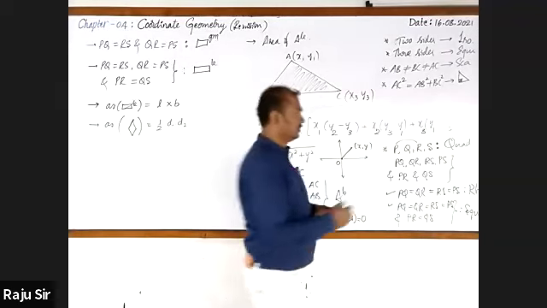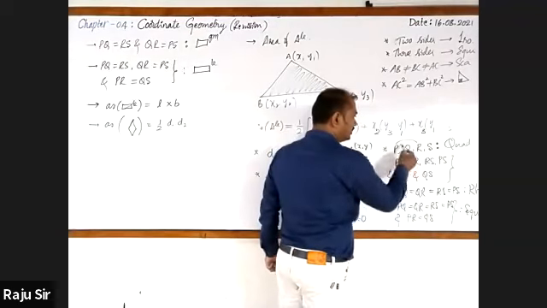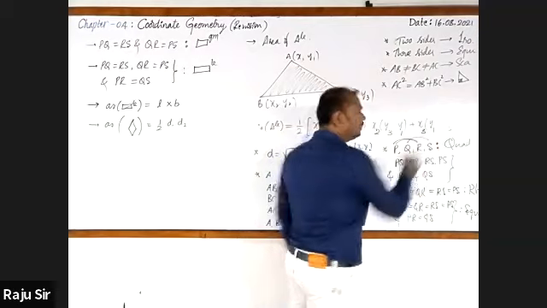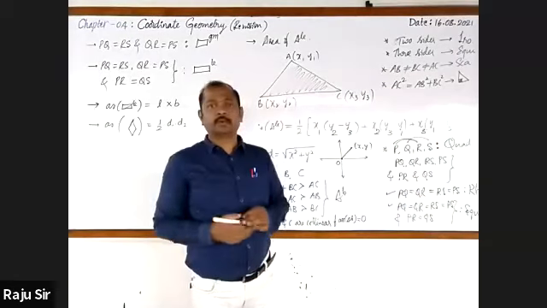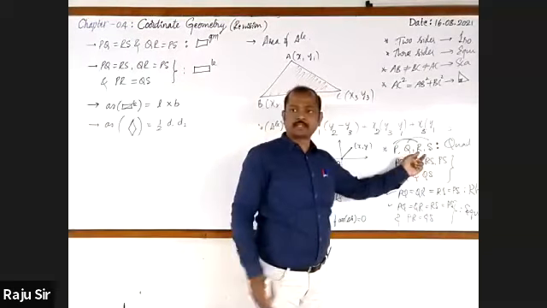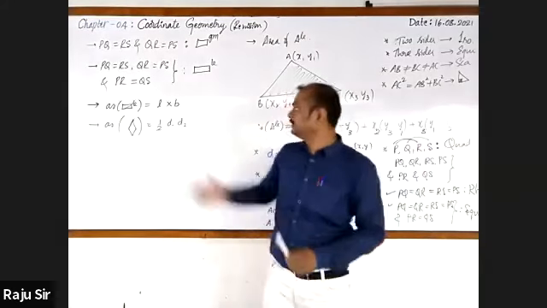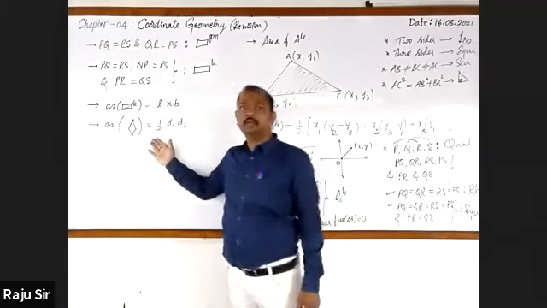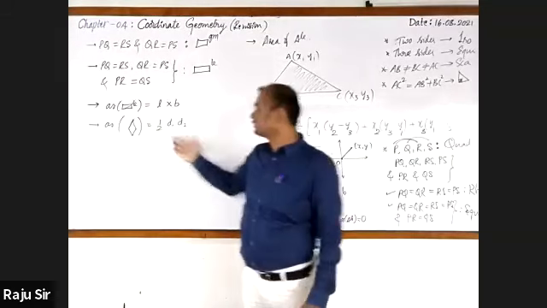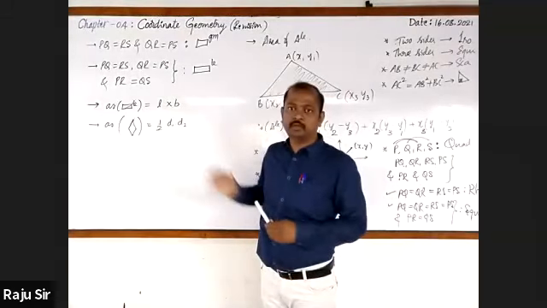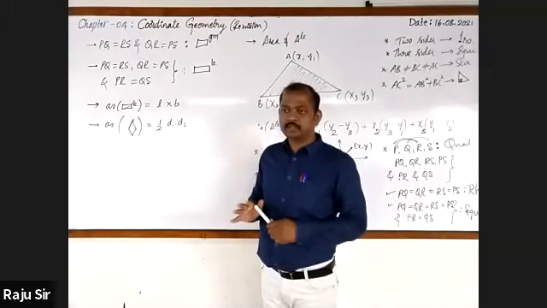Half into PR into QS. You must find both PR and QS. PR is the first diagonal, QS is the second diagonal. Then after finding that, you can find the area of the rhombus using half into D1 into D2. Understood?